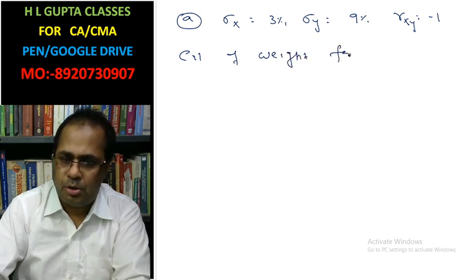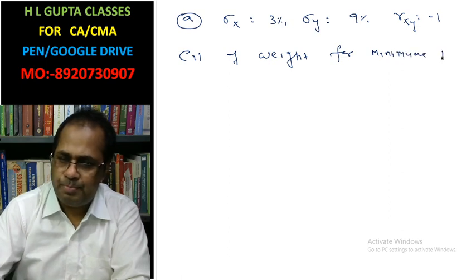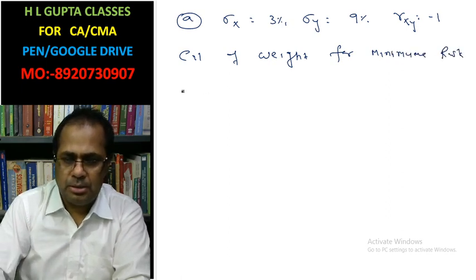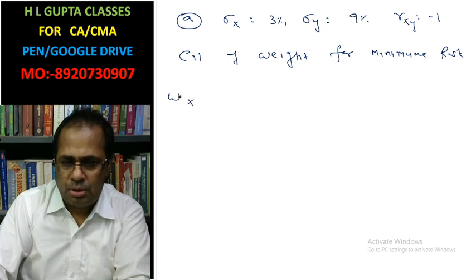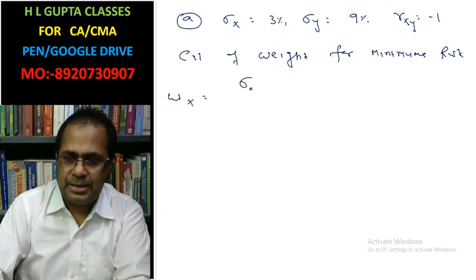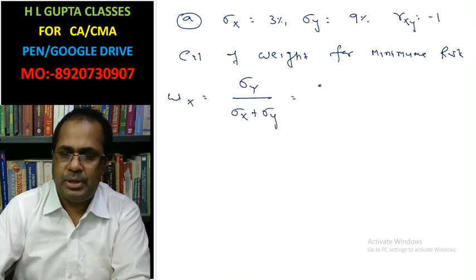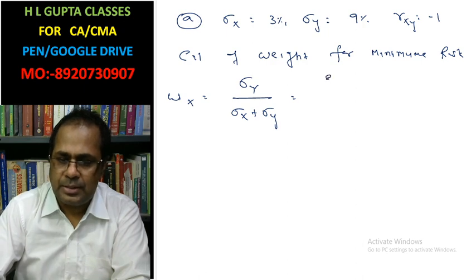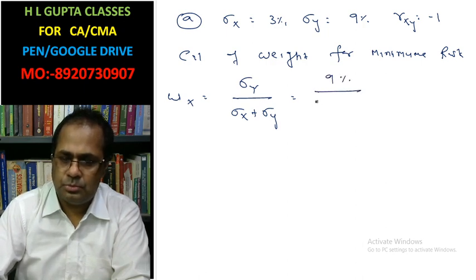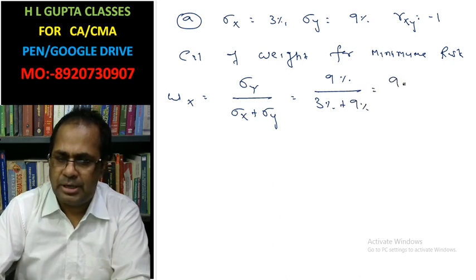Weight X equals the standard deviation of Y divided by the standard deviation of X plus the standard deviation of Y. This is 9% divided by 3% plus 9%, which is 9% divided by 12%. This equals 0.75.